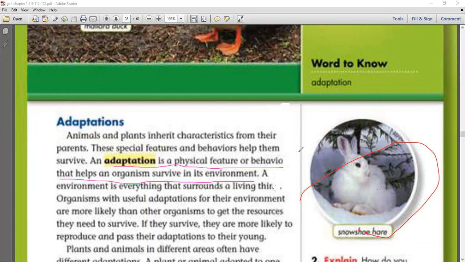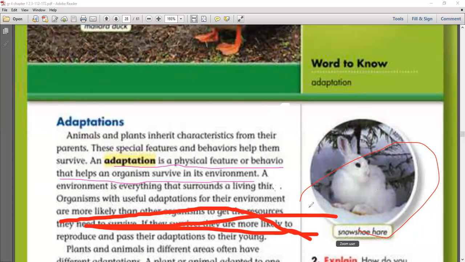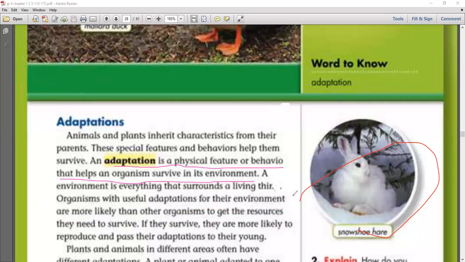Excellent, very good. Adaptation is the physical feature or behavior that helps organisms to survive in their environment. That's the definition.